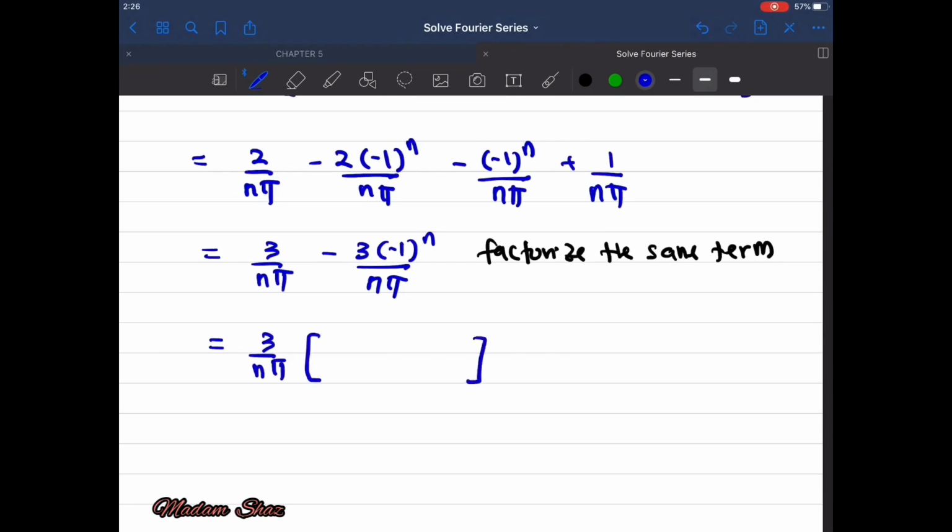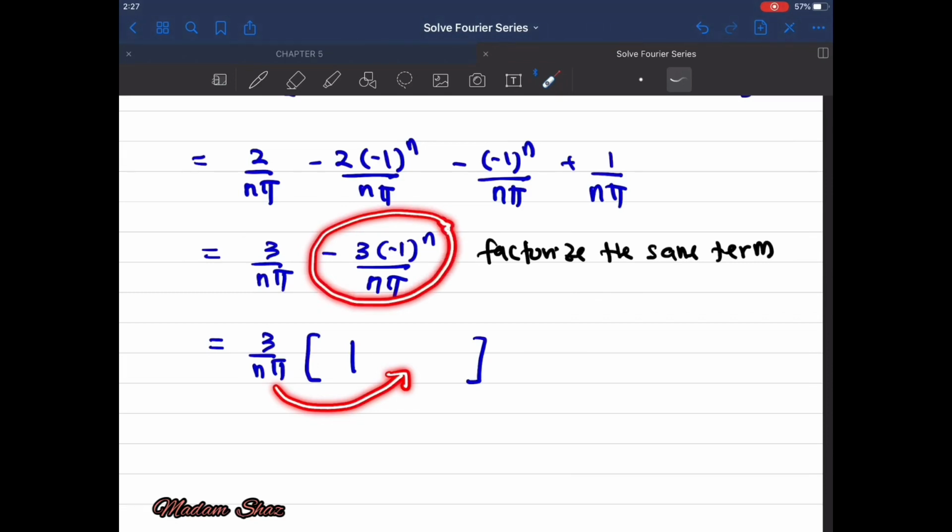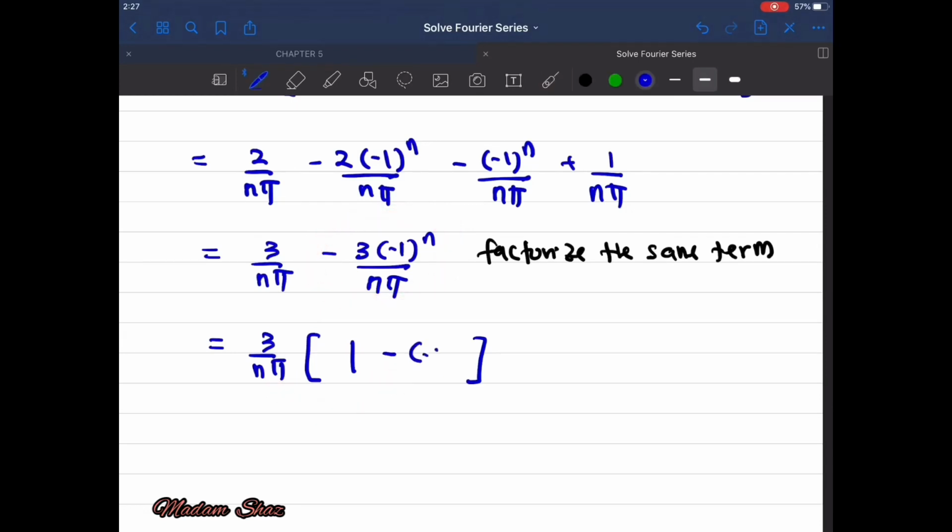So in this big bracket, it will become 3 over n pi multiply with what so that it will become 3 over n pi? So this one will be multiplied with 1. 3 over n pi multiply with what so that it will become negative 3 multiply with the negative 1 the power of n divided with n pi? So this one minus negative 1 the power of n.